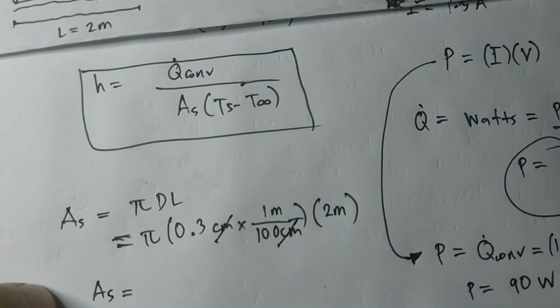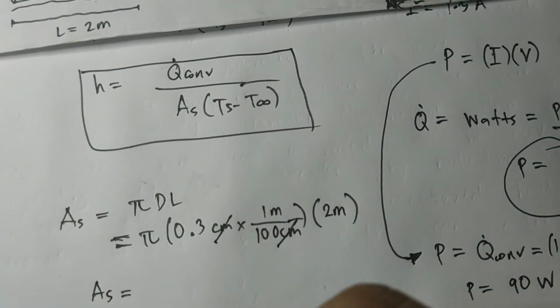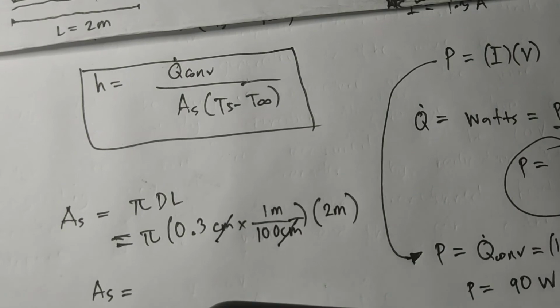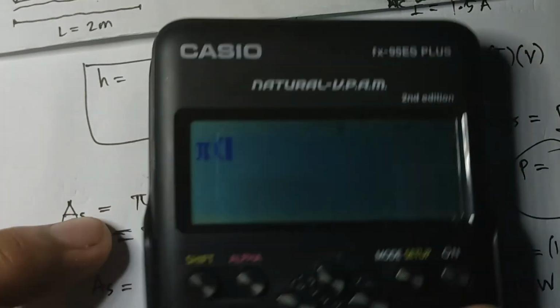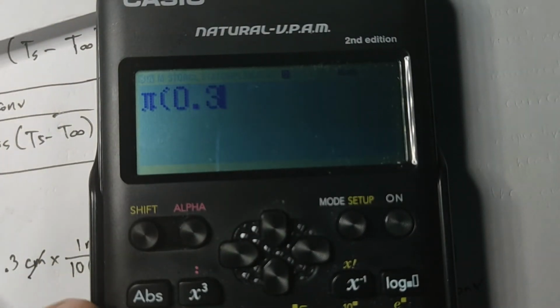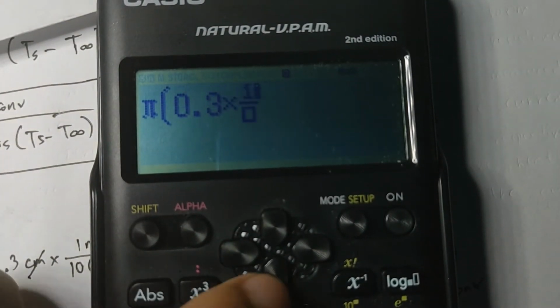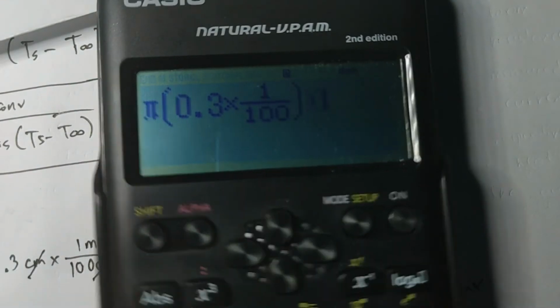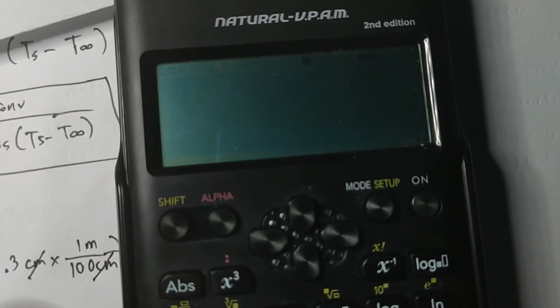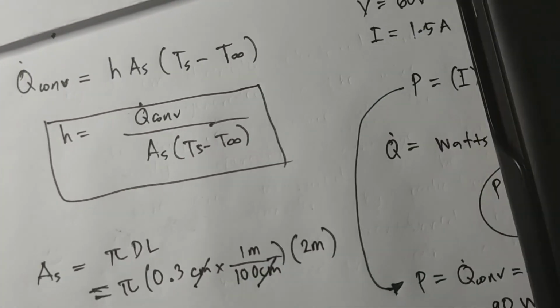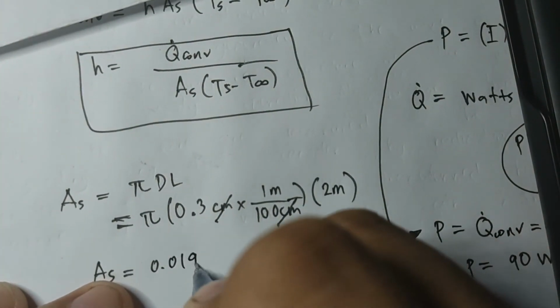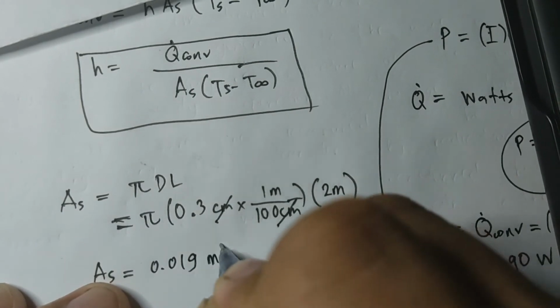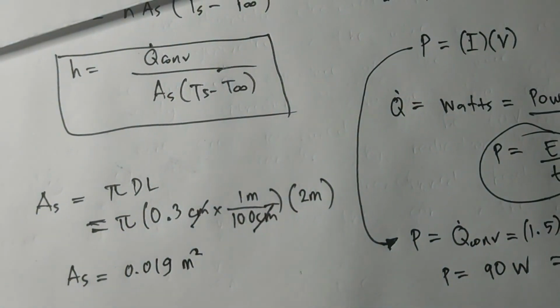Kaya makukuha mo dyan na surface area. Ayan, calculate natin. So, you have pi times 0.3 times 1 over 100 times 2. Makuha mo dyan 0.019 meter squared.